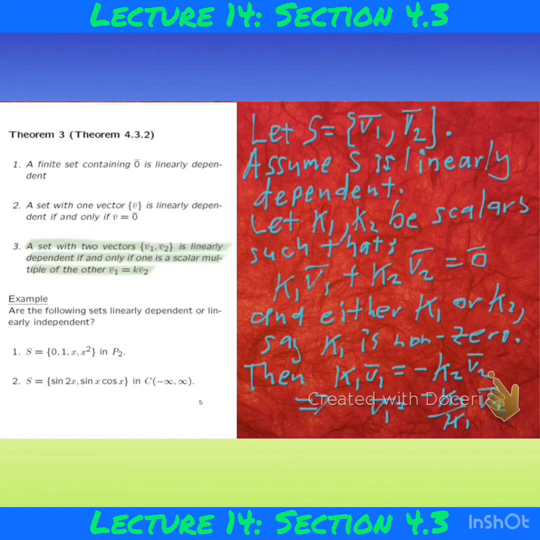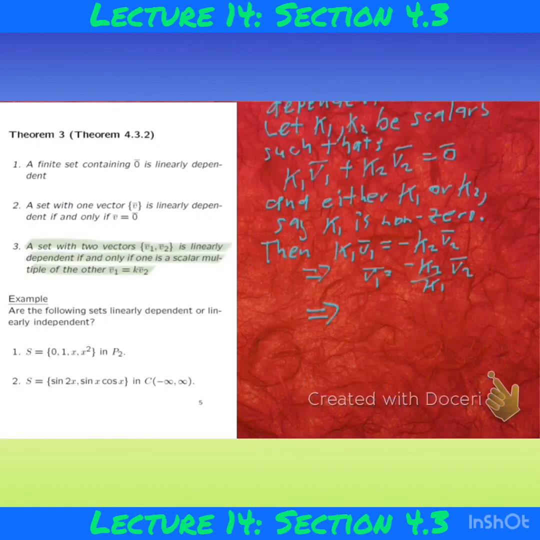And so that implies that you can write V1 as a scalar multiple of V2. Okay, so you've proved your theorem. So now you have to prove it the other way around, because it's if and only if. So let's assume that V1 is a scalar multiple of V2, and then we have to show that S is linearly dependent, but it's easy to do that.